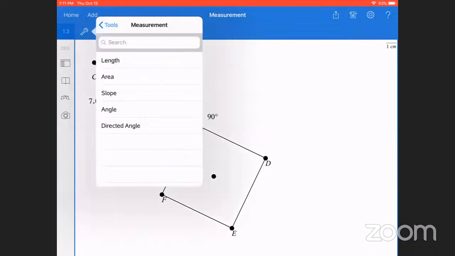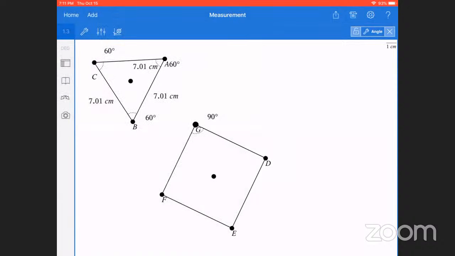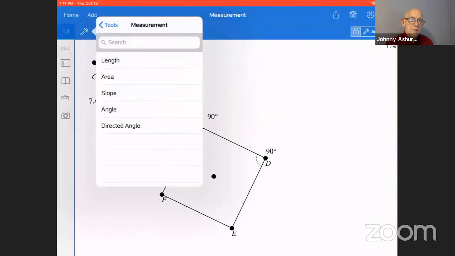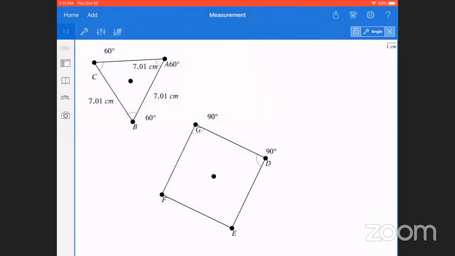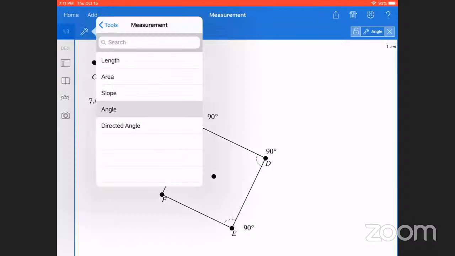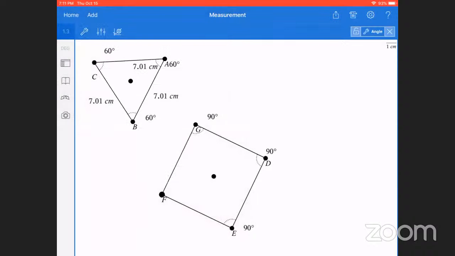Now, what did we say about the angles of the rectangle on the previous page? What did they all measure? The angles were all 90 there also. All right, so let's check it out. Here, I'm seeing all 90.